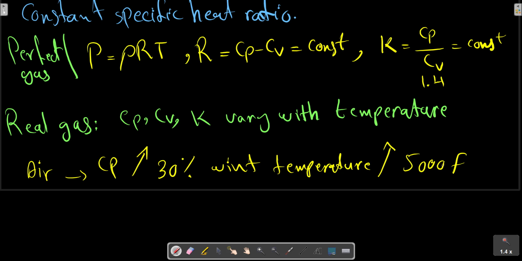Since we rarely deal with such large temperature changes, it is quite reasonable to assume constant specific heats.